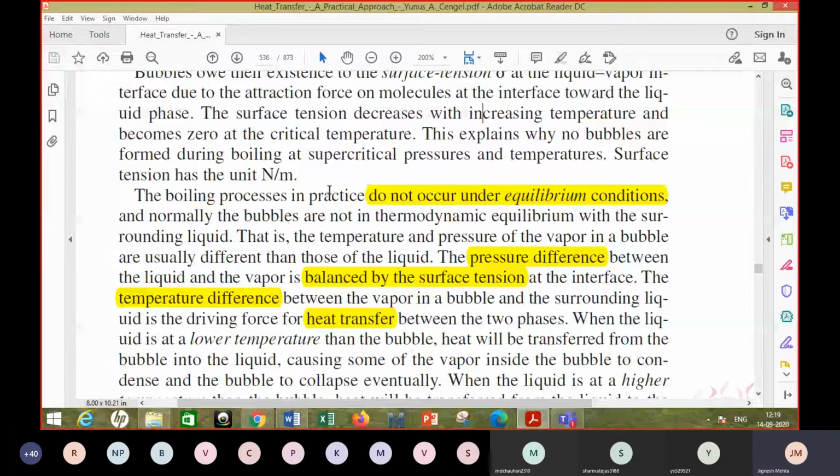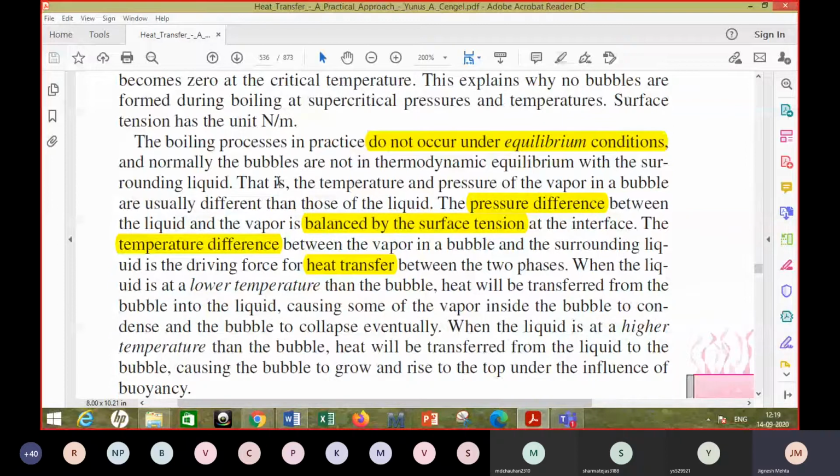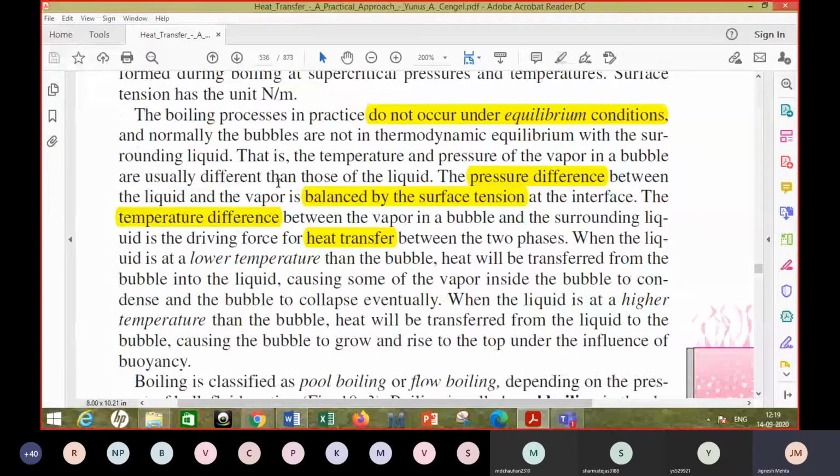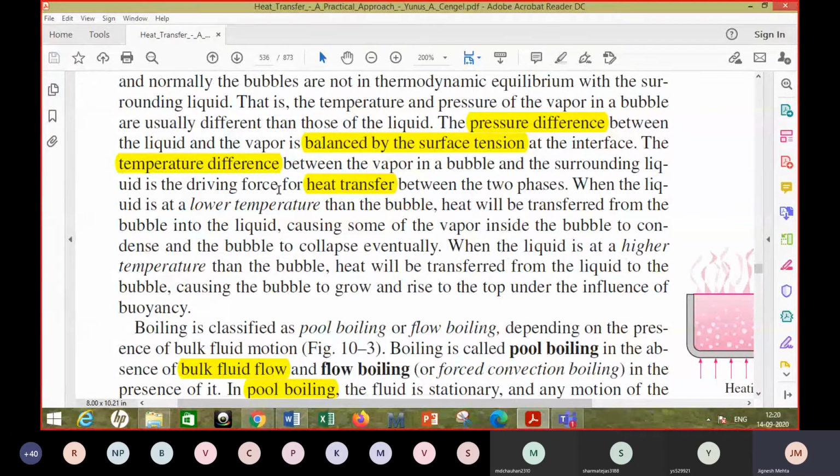The boiling process in practice does not occur under equilibrium conditions, and normally the bubbles are not in thermodynamic equilibrium with the surrounding liquid. The pressure difference between the liquid and the vapor is balanced by the surface tension. When the bubble is formed, there is some vapor pressure created by the vapor.